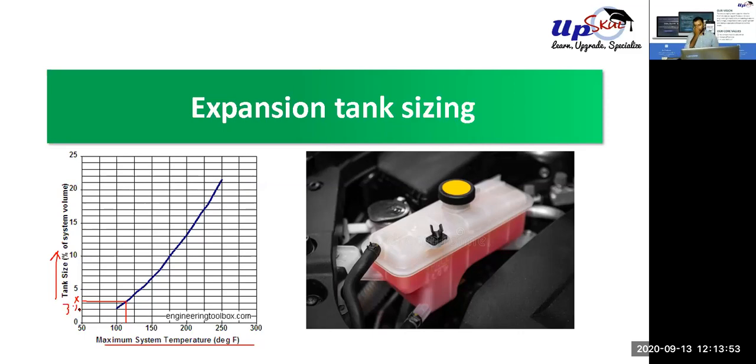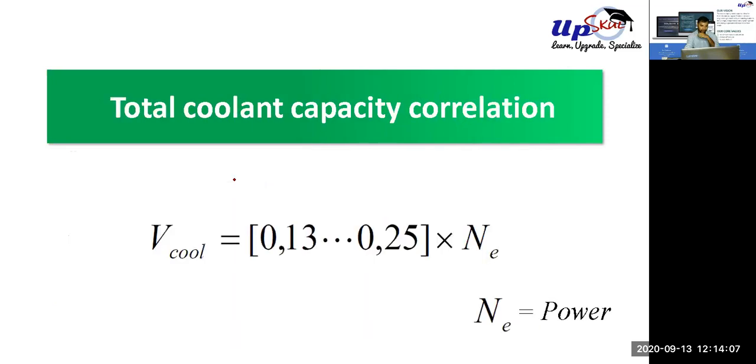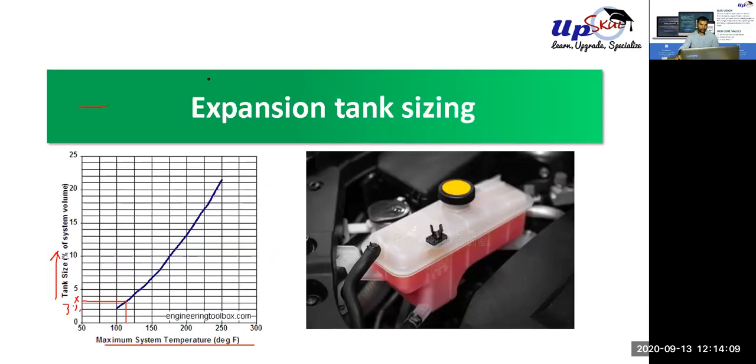So our expansion tank size needs to be 3% of the entire cooling volume, the total coolant capacity. Okay, so 3% of the coolant capacity. It will also have some extra space on top of it, as you can see, this empty space.